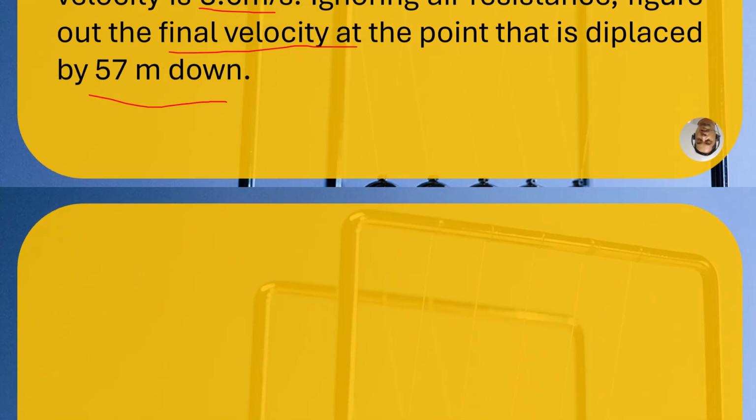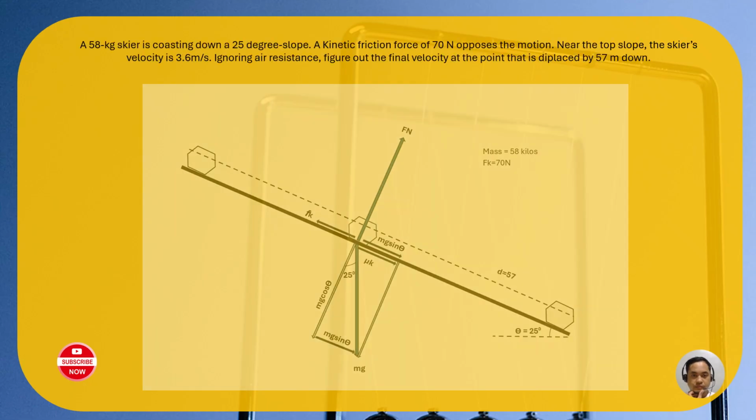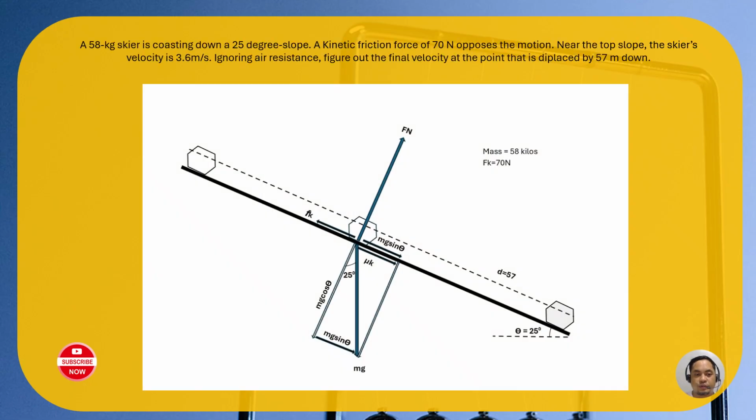So I'll be showing you the vectors involved in this problem. I created here a vector from the initial position.